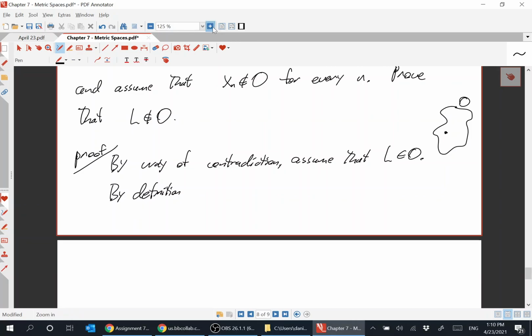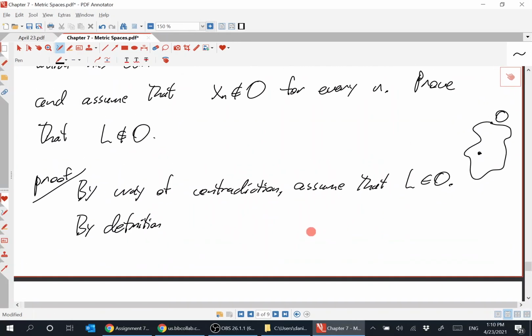By definition, what has to happen? There is a subset having to do with L inside O, which is what? It's an open set.